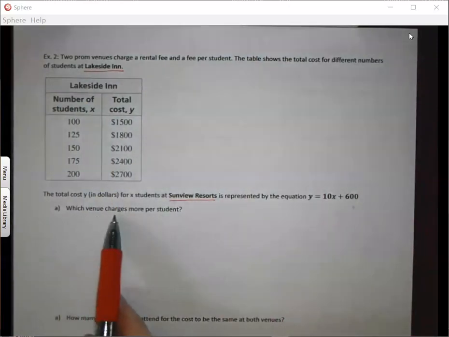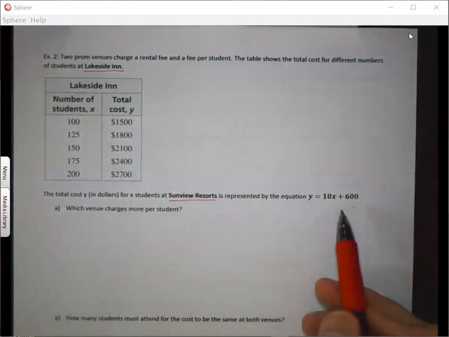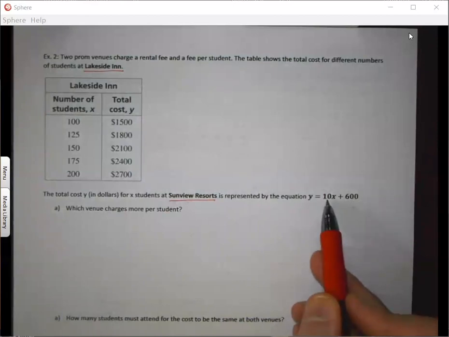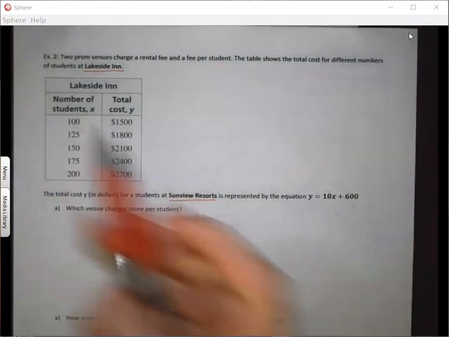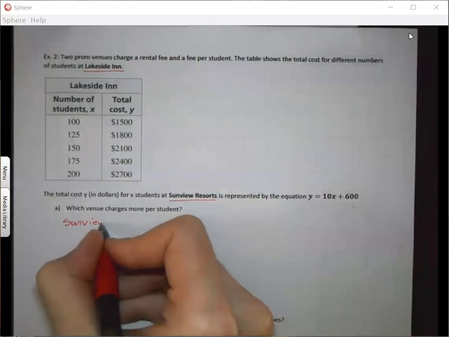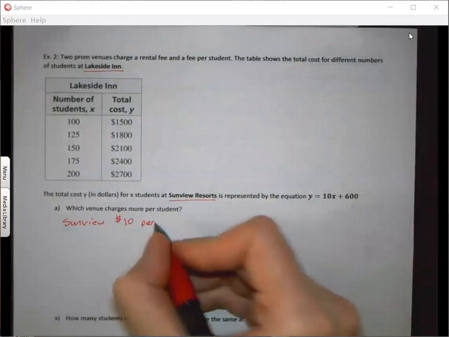Which venue charges more per student? So for Sunview, you can see the initial cost is $600, and then $10 per student, X is number of students. So for Sunview, $10 per student.